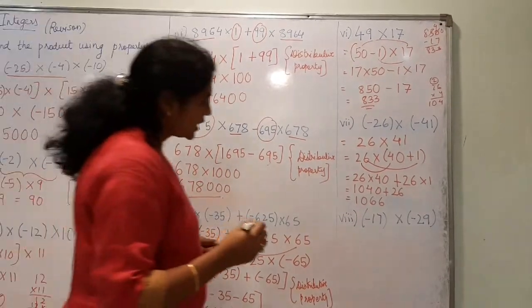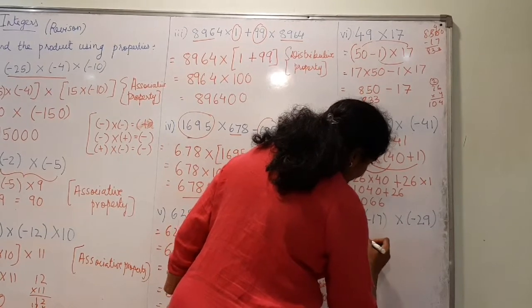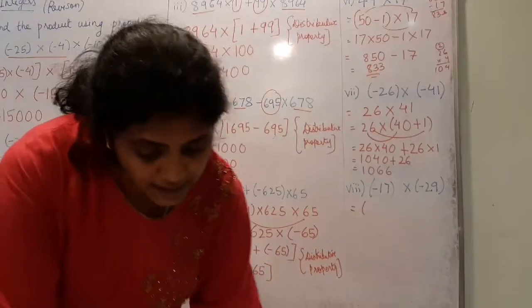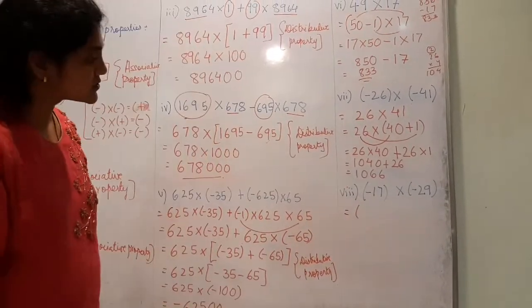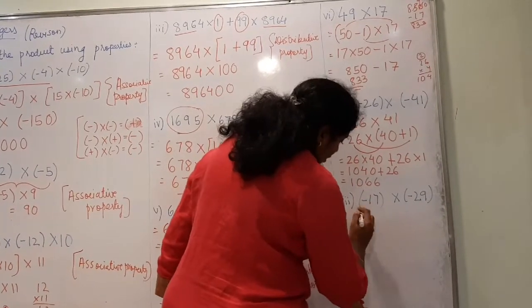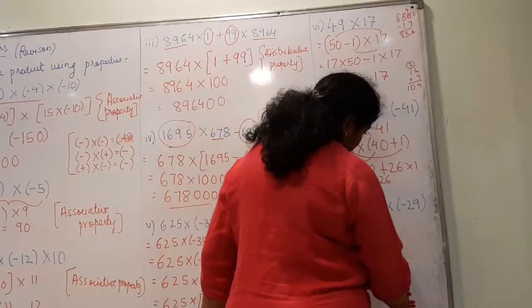Now here you can write minus 17 into minus 29. This is your exercise question. I have solved it in this way, but you can solve it the same way as this also.